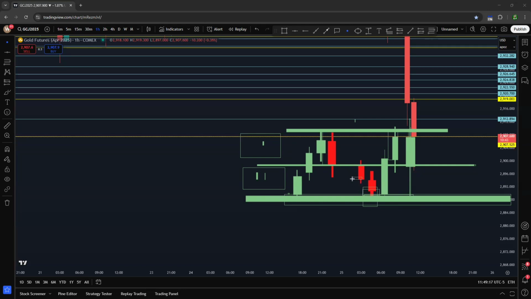But you need to understand the concept. Why it works is because once we come back from range 2 to range 1, the likelihood of this filling is very high. The likelihood of this rejection at range 2 support is very high if the higher time frame closed above here.